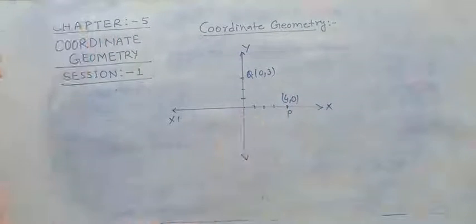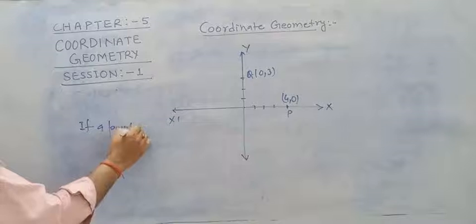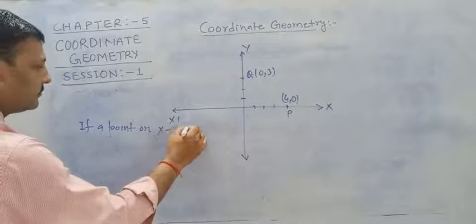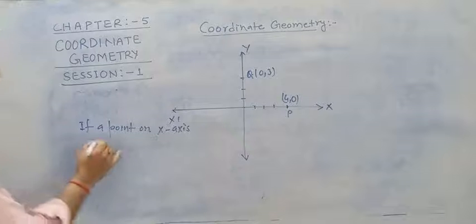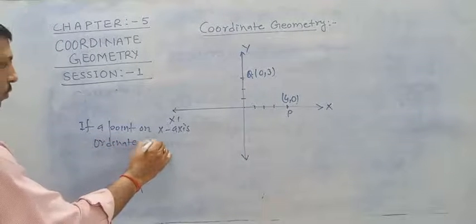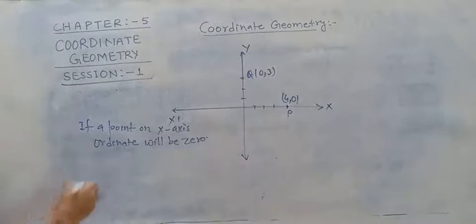So here, if a point is on the x-axis, then our ordinate will be 0. Ordinate का वैल्यू 0 होगा.